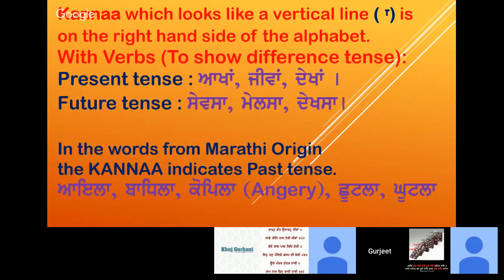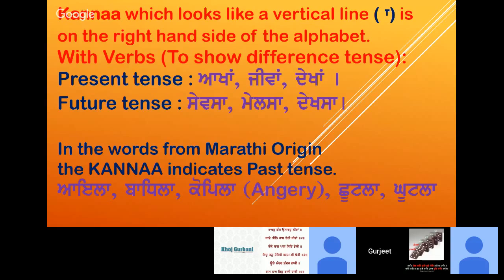It shows different tenses as well. In the present tense, it says Akha, main akhna. Jiva, main ji raha, main dekha. So in the future tense, the same Kanna will be used like save sa, mail sa, dekh sa. So this is to indicate the two different tenses.